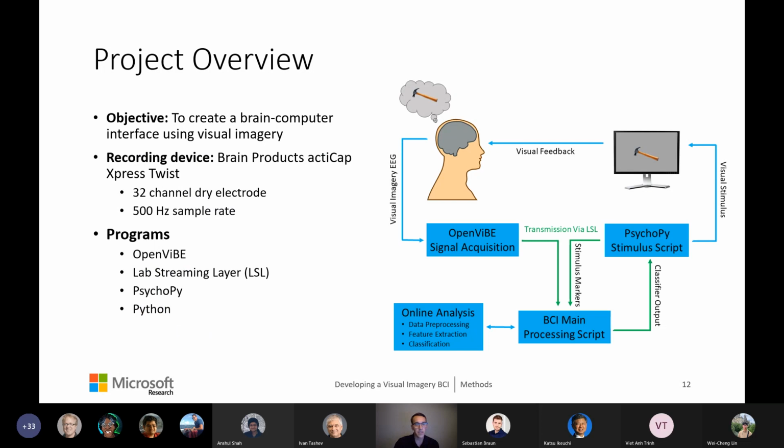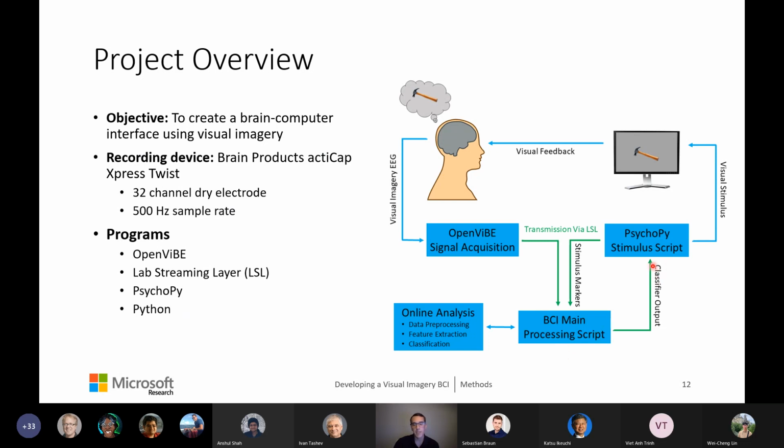For the overall framework of my project, the programs that I use are OpenVive, Lab Streaming Layer, PsychoPy, and Python. For this, I have a participant engaged in visual imagery, where they're imagining an object that they're trying to interact with. The visual imagery EEG is recorded through OpenVive, which transmits the signal via Lab Streaming Layer into a main BCI processing script.